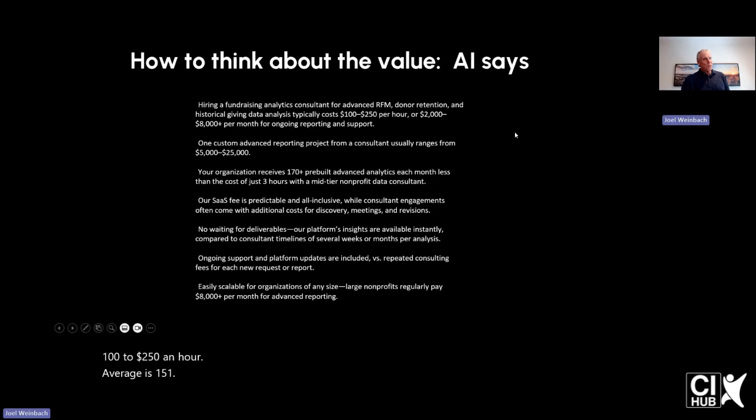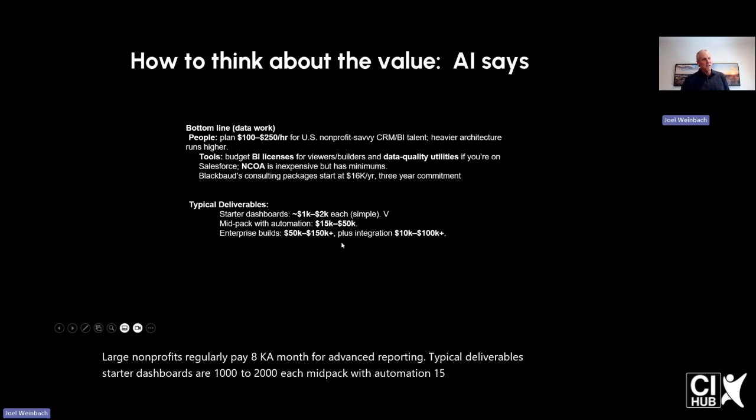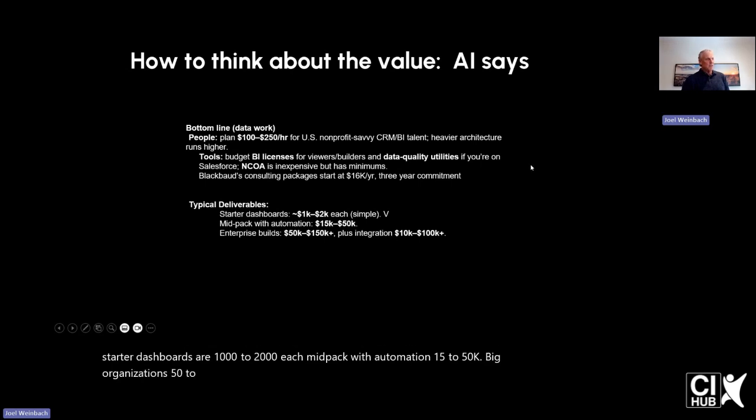Custom advanced reporting projects usually range from $5,000 to $25,000. Large nonprofits regularly pay $8K a month for advanced reporting. Typical deliverables, starter dashboards are $1,000 to $2,000 each. Mid-pack with automation, 15 to 50K. Big organizations, 50 to 150, plus integration costs, things like that.